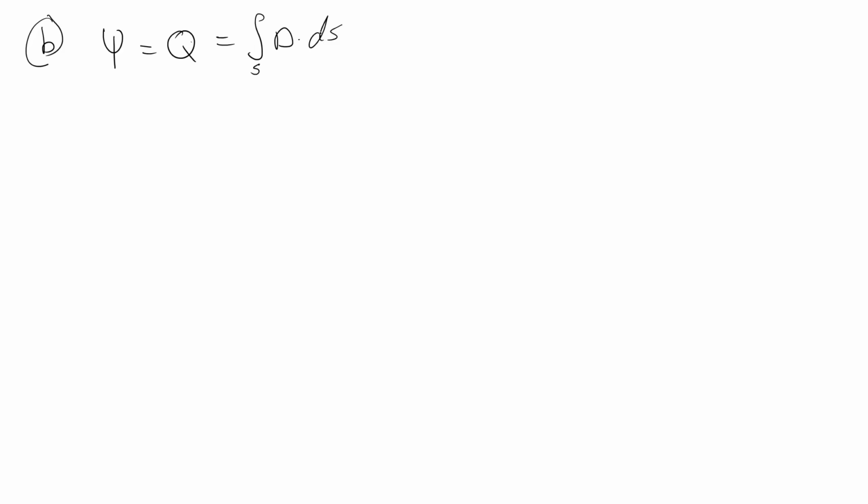Now the integration here of D dot ds is equal to D, which we consider as constant, times the integration over the surface of ds, which is equal to D multiplied by 4 pi r square.